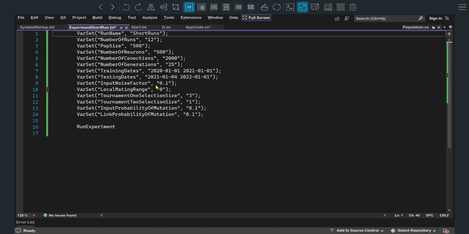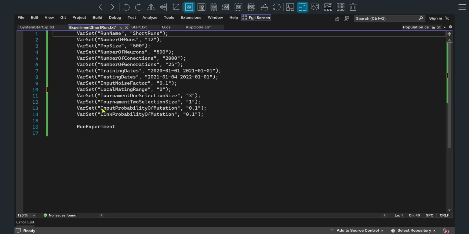There are other factors. There's an input noise factor, local mating range, tournament 1 selection size, tournament 2 selection size, and the probability of mutation. Each genome has two parts.